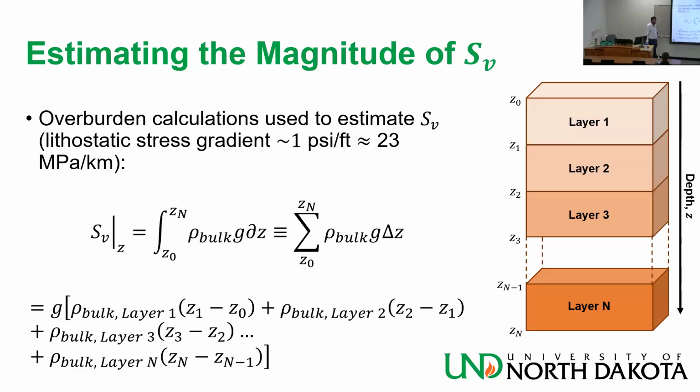Say you have a rock that's partly sandstone, partly limestone, partly shale, and you have the density of each, and the proportions. Can you find the SV? Yes, you take the weighted average of all the densities.